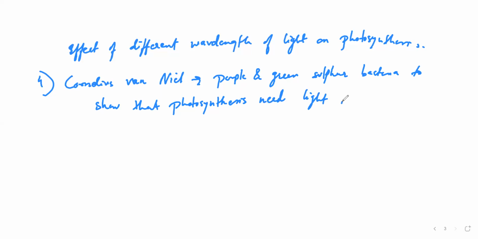Now, in order to know what reactions take place in photosynthesis, you should know where it takes place. Means you should know the site of photosynthesis. Okay, where does it actually happen? So, site of photosynthesis.